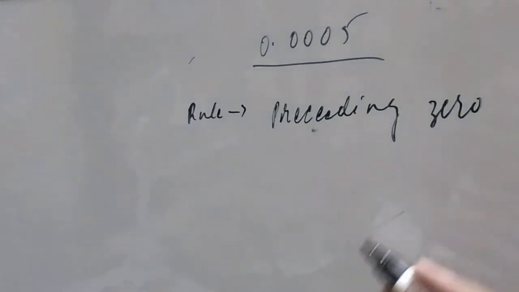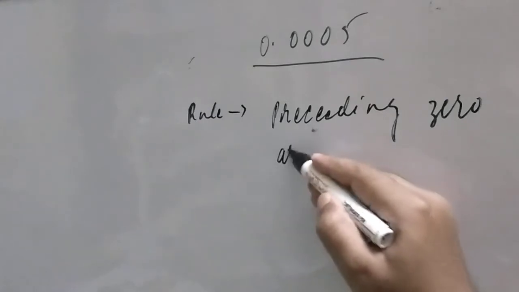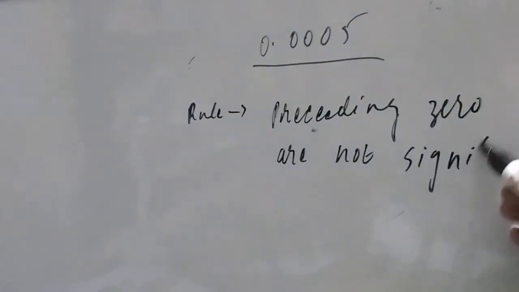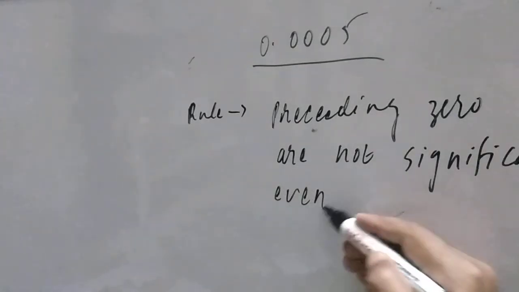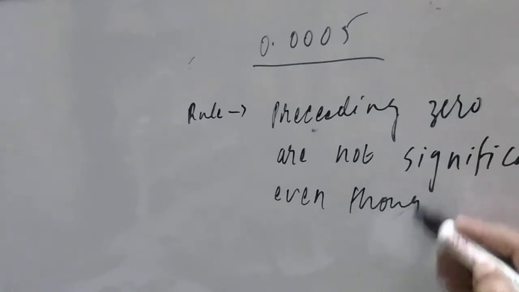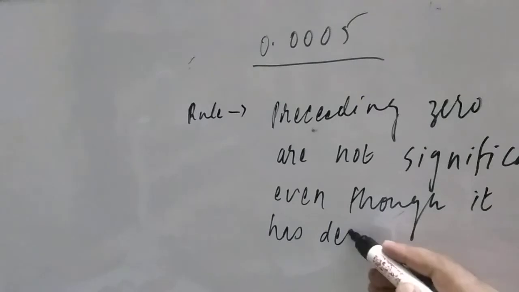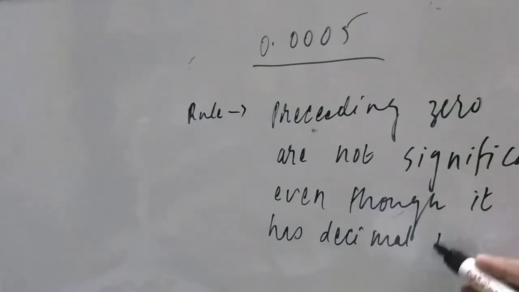The 0 coming before the number, the preceding 0s, are not significant, even though it has a decimal number. Why, student, even though it has a decimal number?